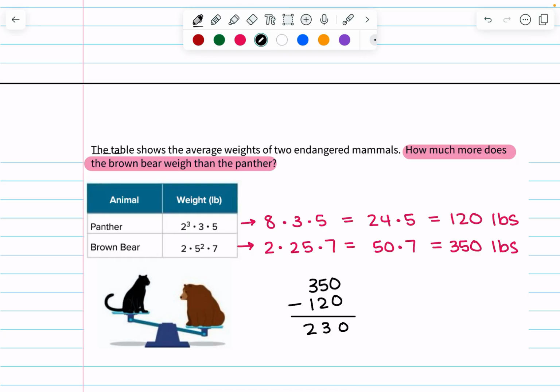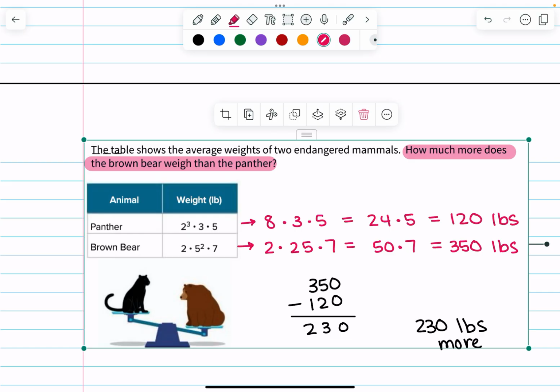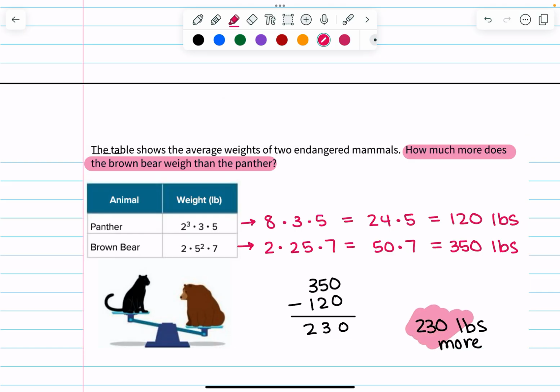So the brown bear weighs 230 more pounds. I need to have the label, pounds more. And that would be your final answer here. Okay.